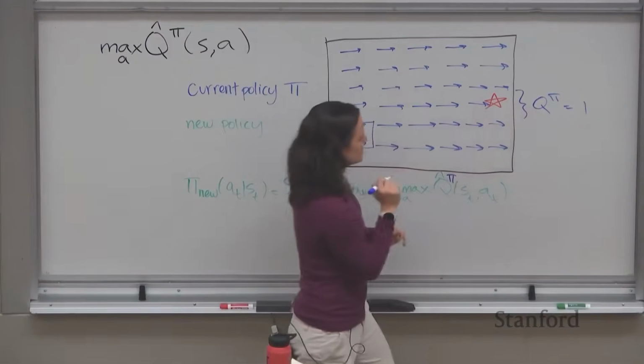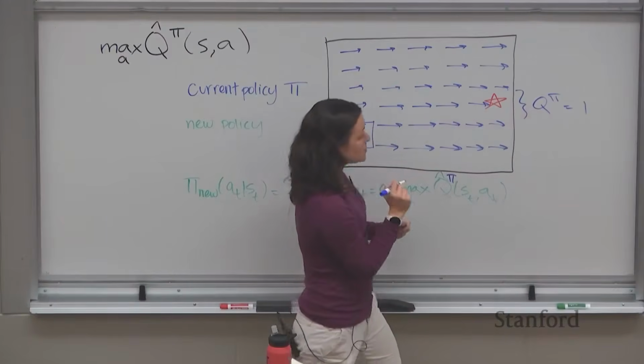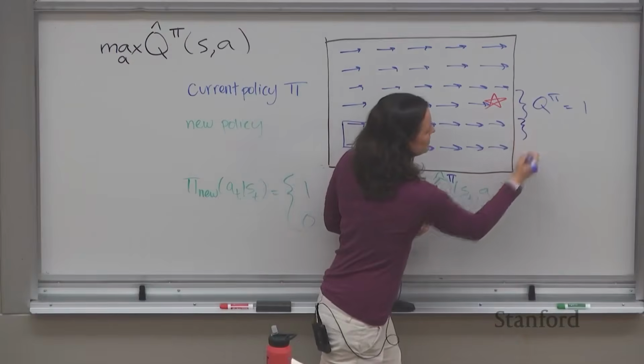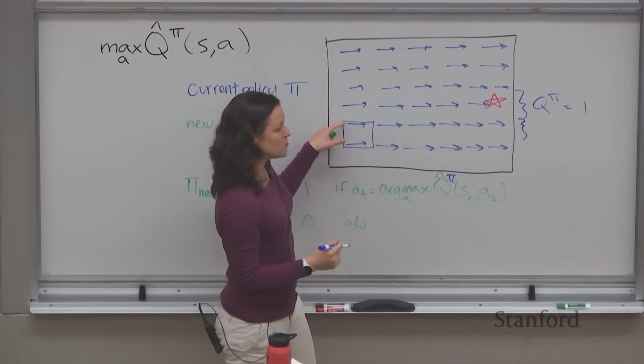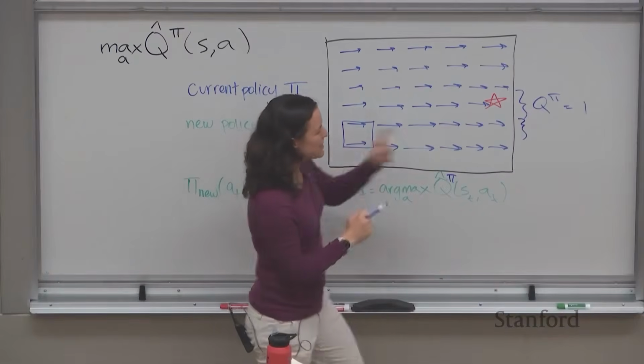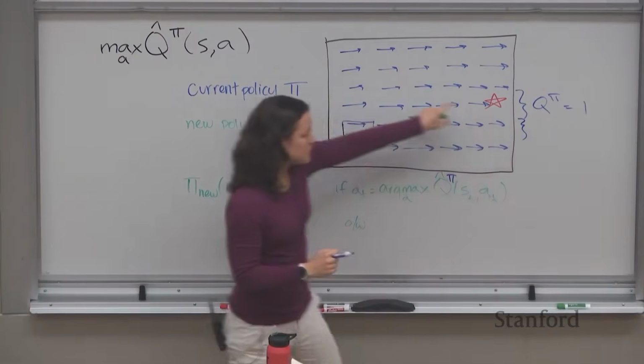Also, V pi is equal to 1 for everything in this row.